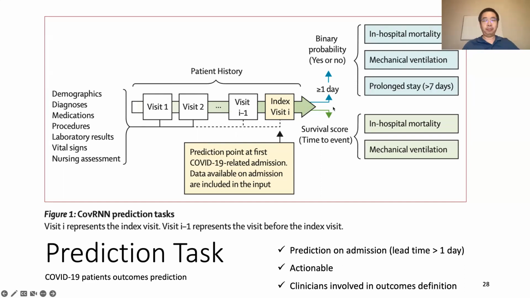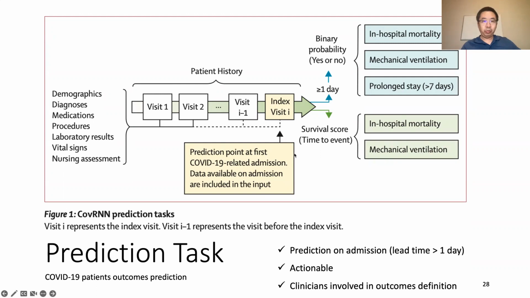We can make two kinds of prediction: binary probability, basically yes or no, for in-hospital mortality, mechanical ventilation, or prolonged stay, or we can make a survival prediction. It can be in-hospital mortality time to event, also the time to event for mechanical ventilation.